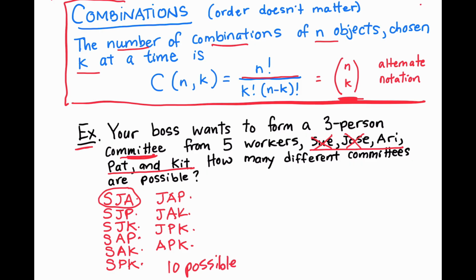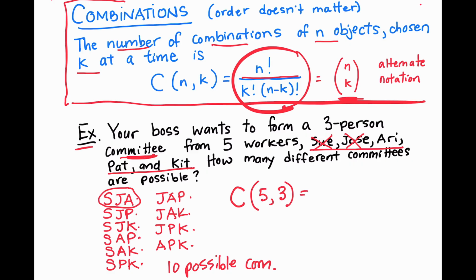So let's use the formula now and verify this result. How many combinations are there if I have 5 workers to choose from and I'm selecting 3 workers? Using the formula, we have 5 factorial over 3 factorial times 5 minus 3 factorial. So that is 5 factorial over 3 factorial times 2 factorial.